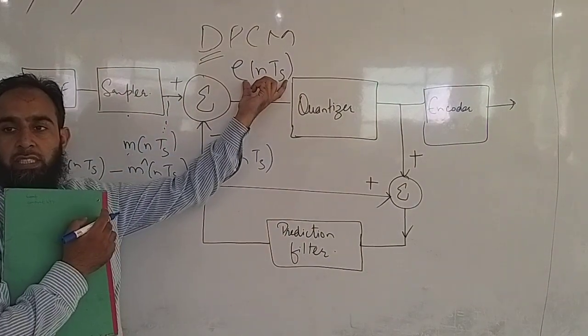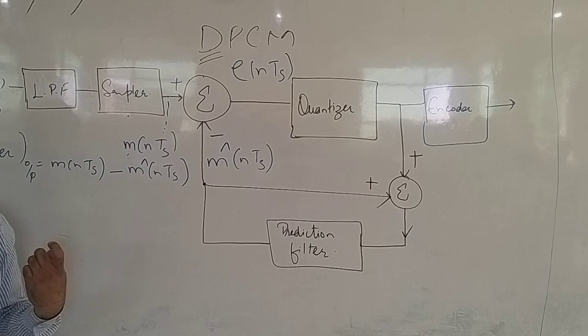Where e of nT_s is the error between the actual value and the predicted value.